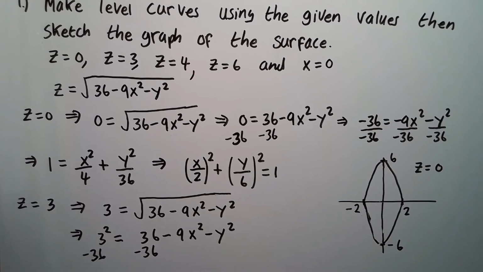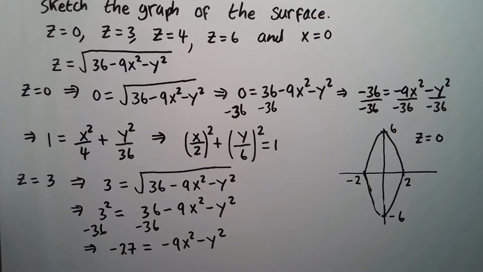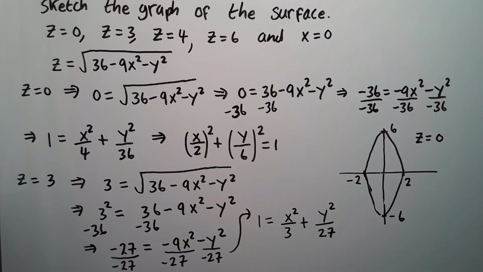So doing that, it'll be negative 36 plus 9, so negative 27 equals negative 9x squared minus y squared. Then let's divide everything by negative 27. So doing that, we get 1 on this side, and x squared over 3 here, and y squared over 27. Then 1 equals x squared over 3 plus y squared over 27.